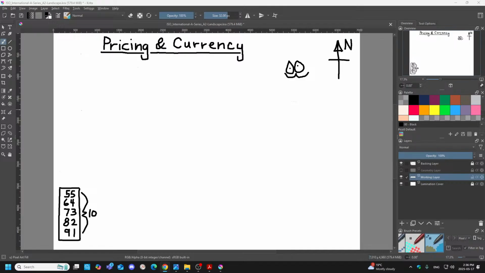In mathematics, unit price refers to the price of a single unit of an item, right? It's essentially a rate that expresses the cost of something for one unit of measurement. For example, the unit price of a 10 kilogram bag of sugar might be price per kilogram.